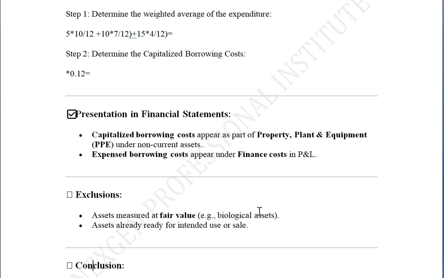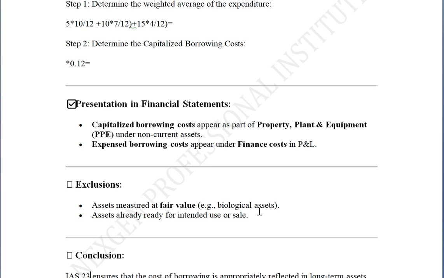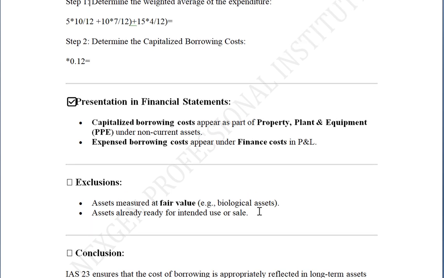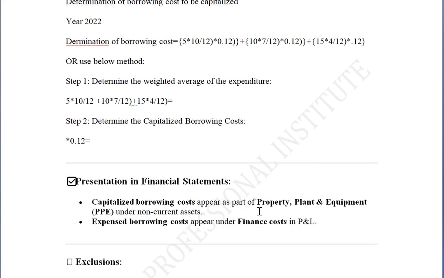And then number 2, any asset that is already in use, or any asset that is already on sale, cannot warehouse borrowing costs. Please take note of that. Very, very simple standard. So like I mentioned, borrowing costs is one of the basic standards that help us to appropriate whatever is calculated as our borrowing cost, so that we can put them appropriately and adequately. So basically, this is all that is under borrowing cost.